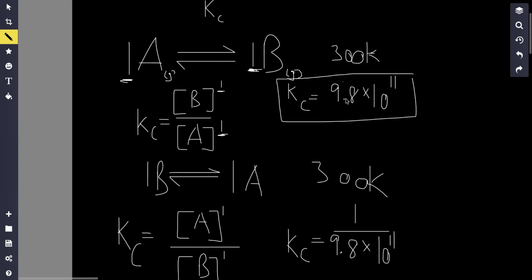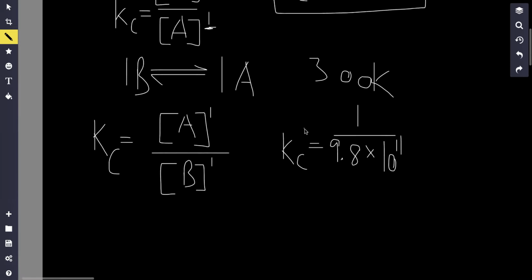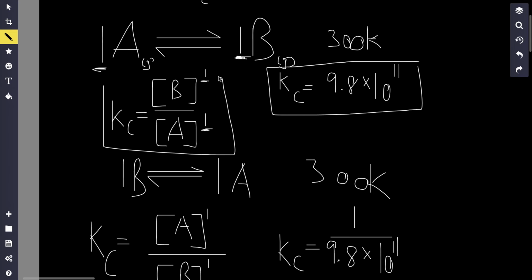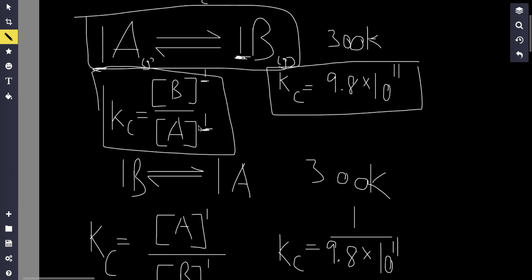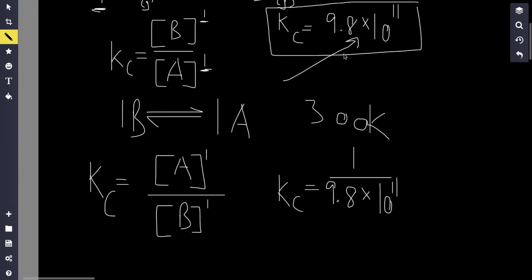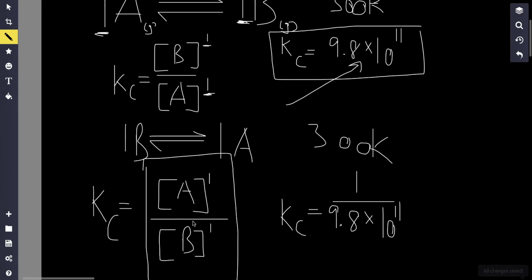All you would have to do is flip the equilibrium constant value. In this case, the equilibrium constant for this reaction right over here is the concentration of B over the concentration of A, and you get whatever this value is. However, the equilibrium constant when I flip this reaction is going to be the concentration of A over the concentration of B. You just flip everything around.